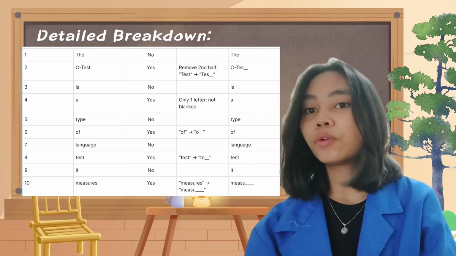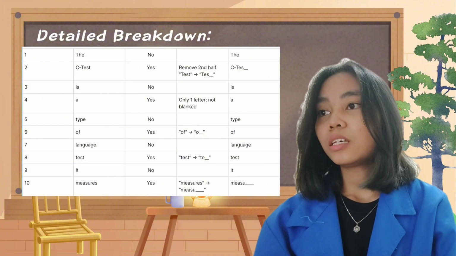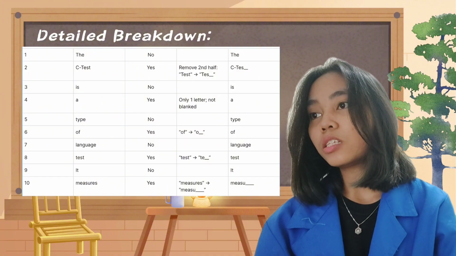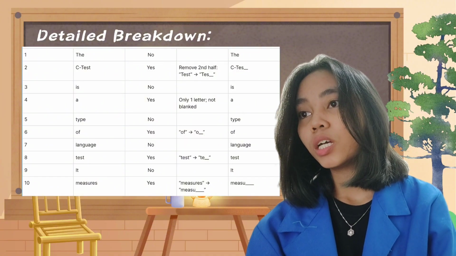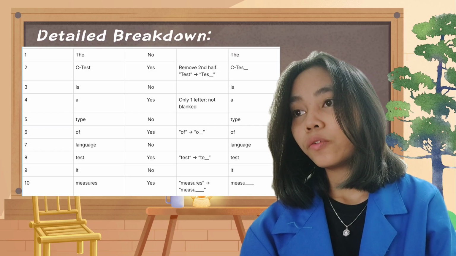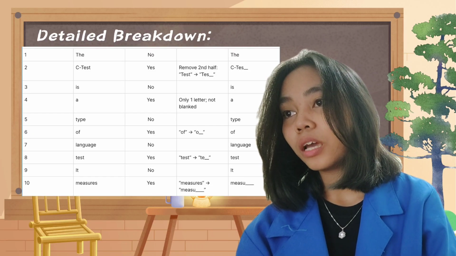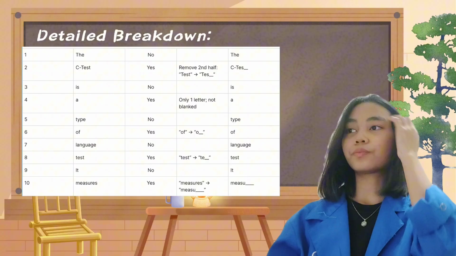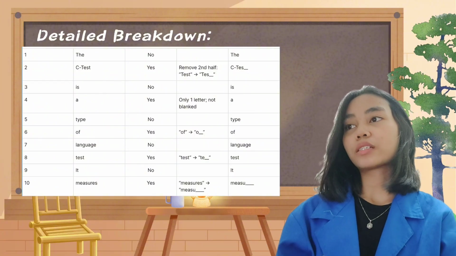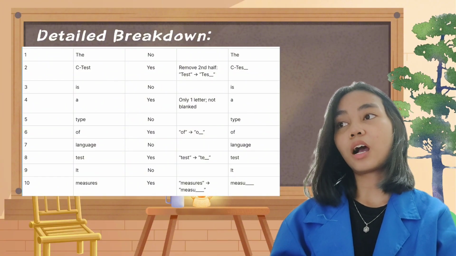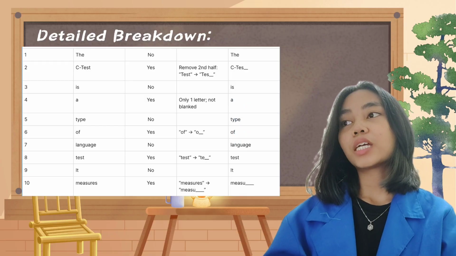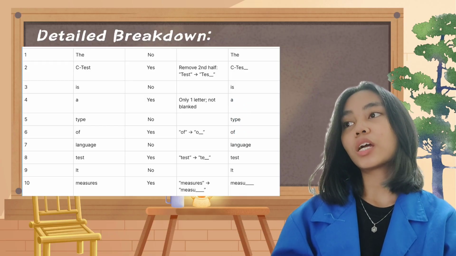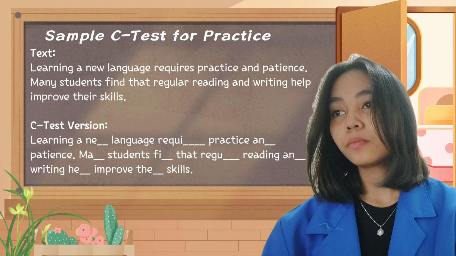Test, we remove, it becomes TE. A, just a. Measures, we remove, and it becomes MEASU. So in practice, the rule is to delete half of every second word starting from the second sentence.